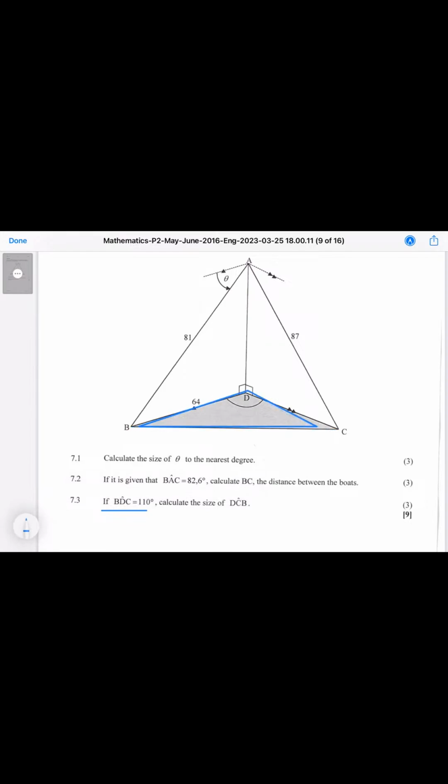Yes, there is the triangle. They're saying if angle D is 110 degrees, they want you to calculate the size of angle C in triangle DCB.